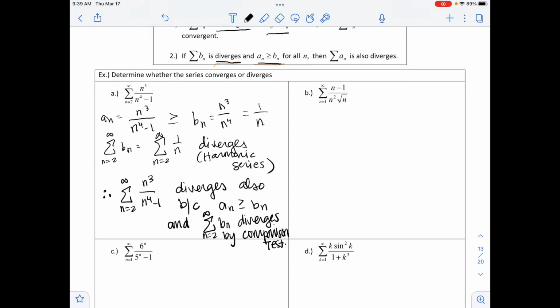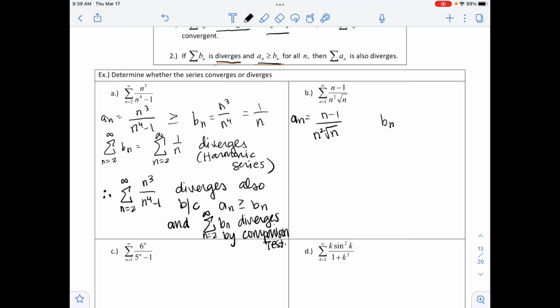So part B says the sum from n equals 1 to infinity of n minus 1 over n squared square root of n. And so again, I noticed that that minus 1, if that was gone, would have simplified very nicely. So I'm going to let a sub n equal my original, which is n minus 1 over n squared square root of n.